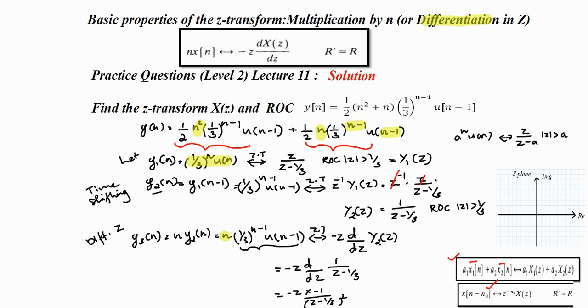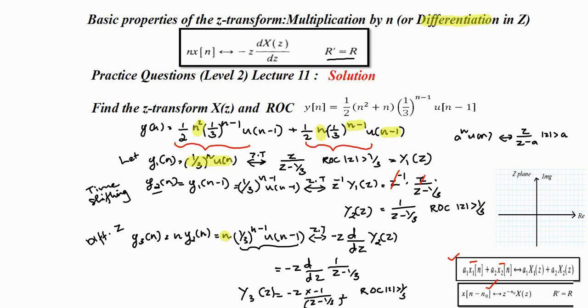And ROC will be same, modulus of z greater than 1 by 3, because there is no change in ROC if you apply the differentiation property. So now we got y3 of z.